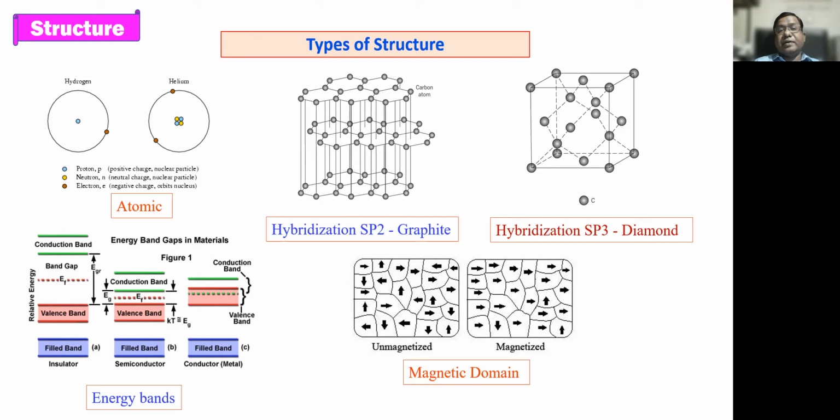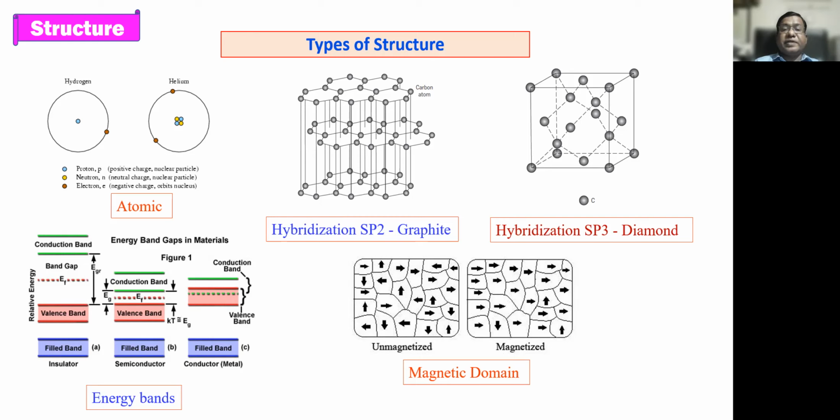There is another thing, a specialty in the case of carbon. Some of the elements will have a different crystal structure, like carbon. It can be graphite, it can be diamond. This is due to hybridization of their one S and other P shell configurations.